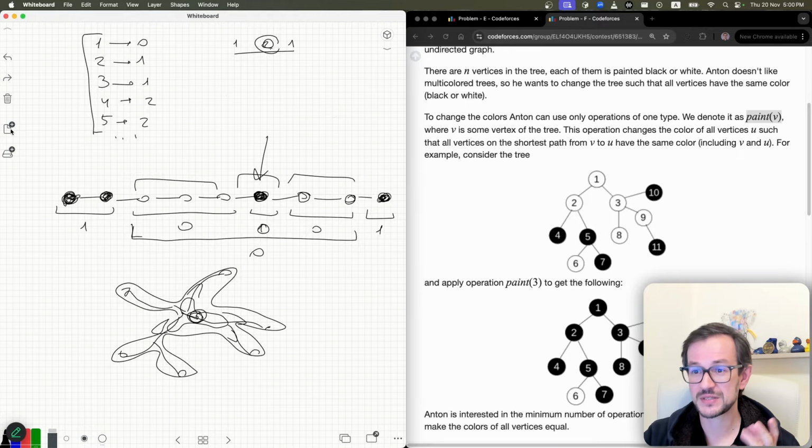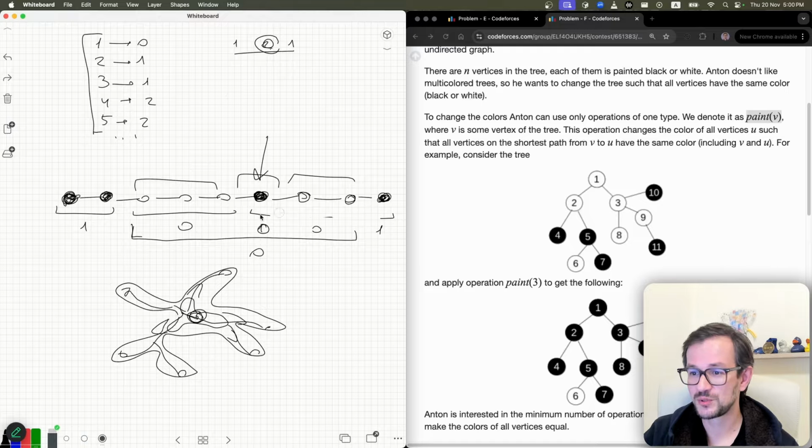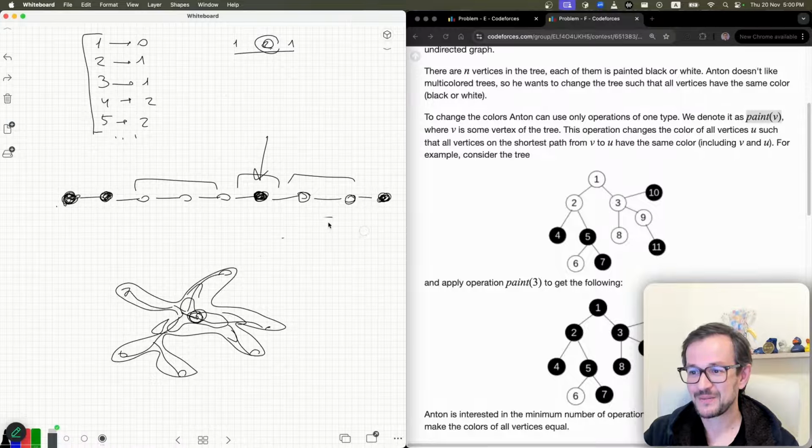Let's think in what sense. I'm just trying to find some good intuition you can use in the contest, but it's actually harder than I thought.